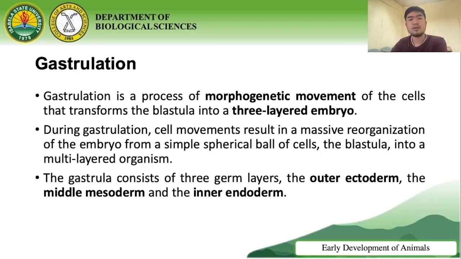So, sa blastula or blastocyst, meron lang tayong single layer of cells. However, during gastrulation, nagkakaroon tayo ng different layers ng cells. It consists of 3 germ layers: the outer, the ectoderm, the middle, the mesoderm, and the inner, pinakaloob, the endoderm.